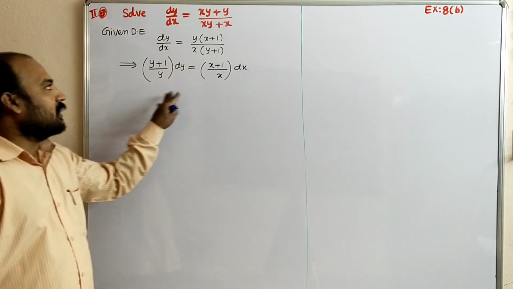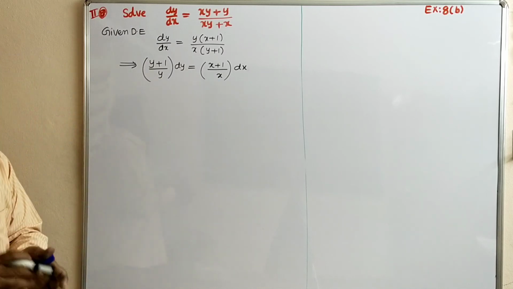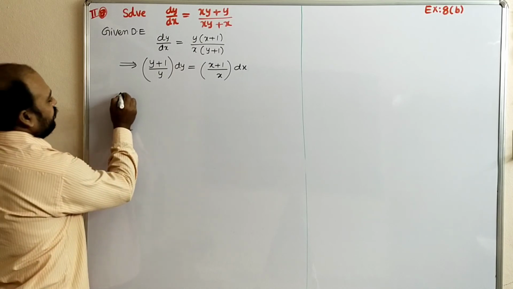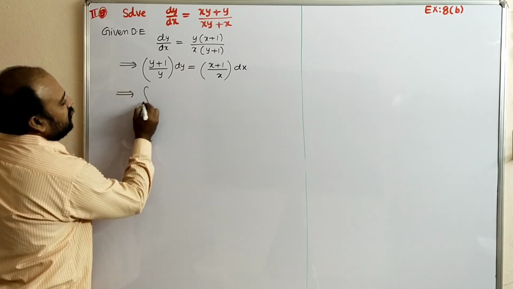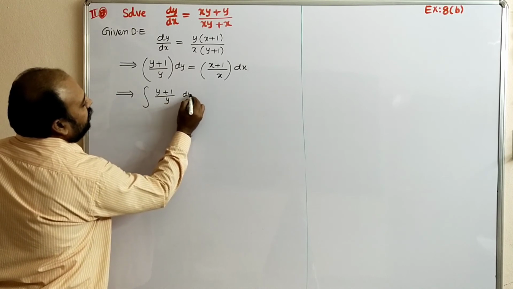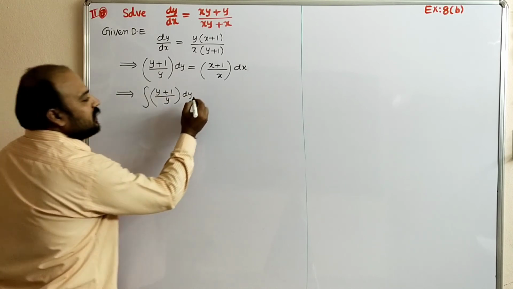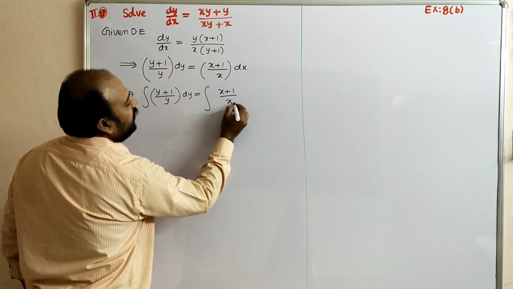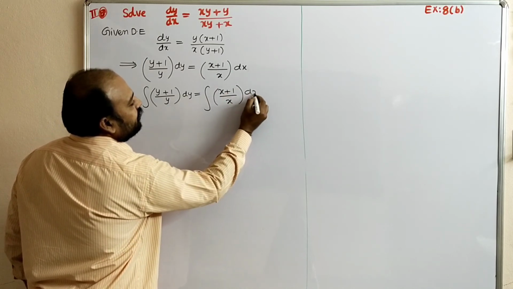After completing this, the variables are separable, so taking integration on both sides: the integral of (y plus 1) divided by y into dy is equal to the integral of (x plus 1) divided by x into dx.